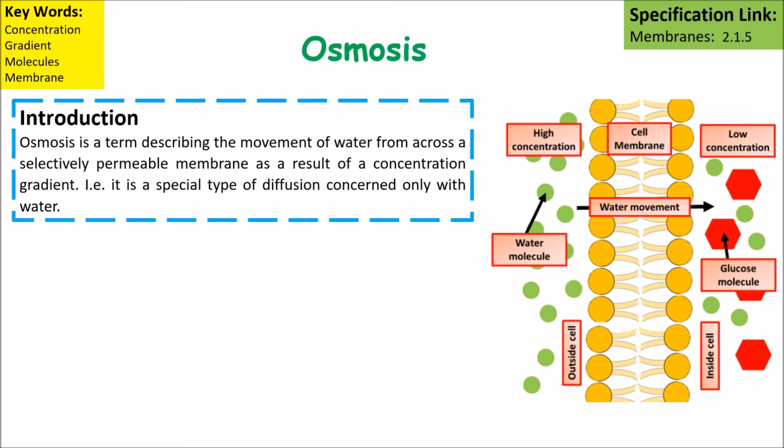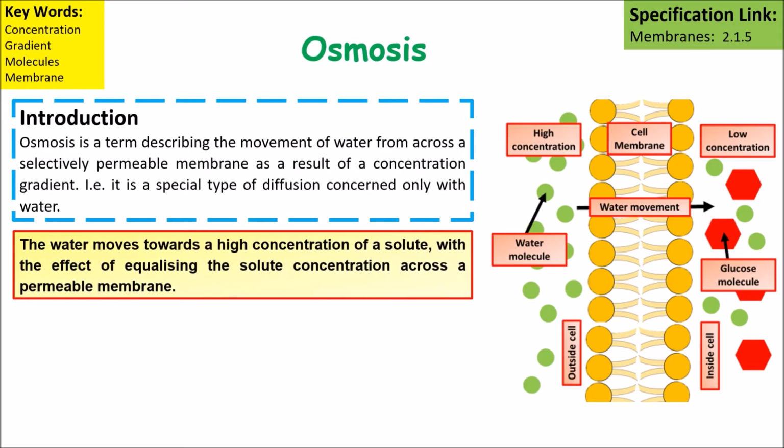So, like we've just previously said, osmosis is a term describing the movement of water from an area of high concentration to an area of low concentration through a semi-permeable membrane. The water moves towards a high concentration of solute with the effect of equalizing the solute concentration across the permeable membrane.